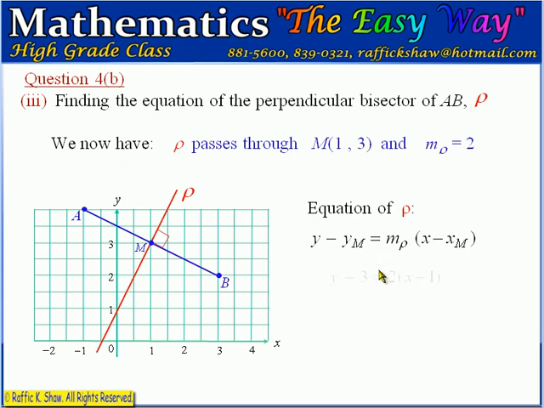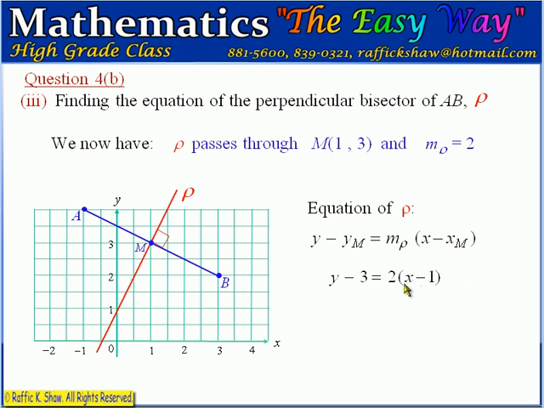So we can substitute those values and we will extract the equation of the line. And this is it. Y minus 3. 3 is the y value at the point that we know, the M. The gradient is 2. So we place the 2 here. And 1 is the x value of the point that we know that this line passes through, M. And so xm, that's the value of 1 here.